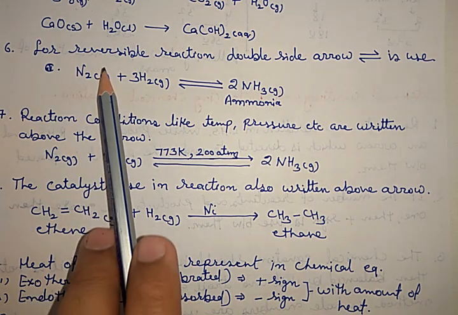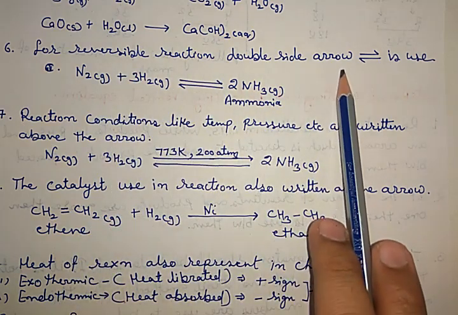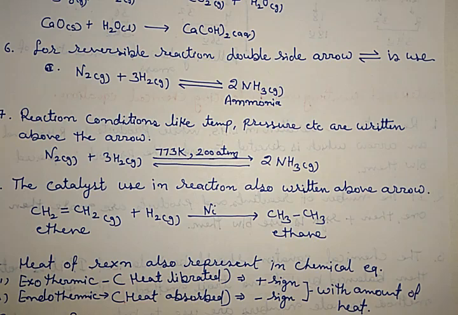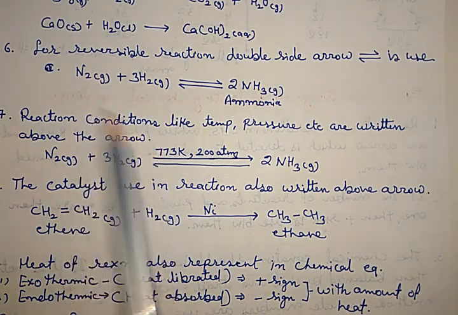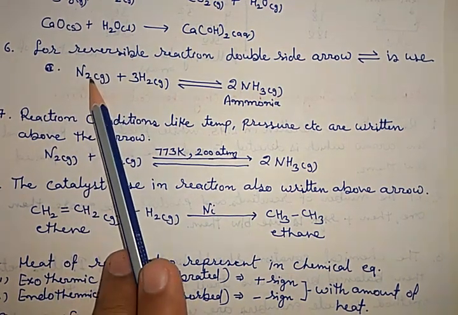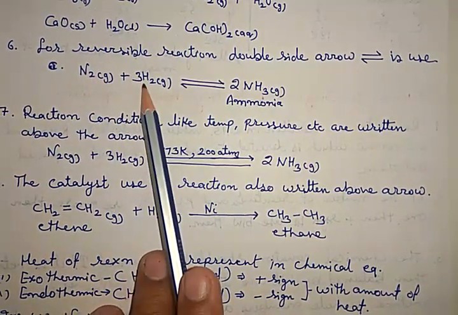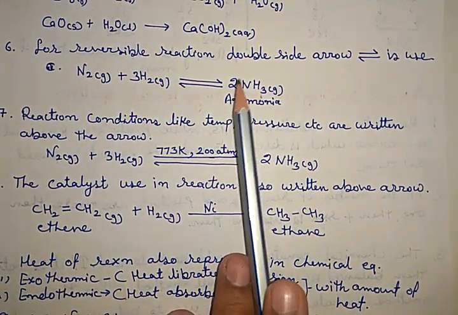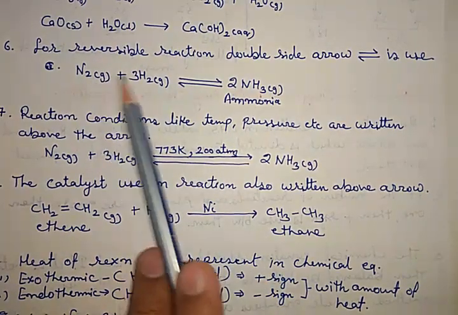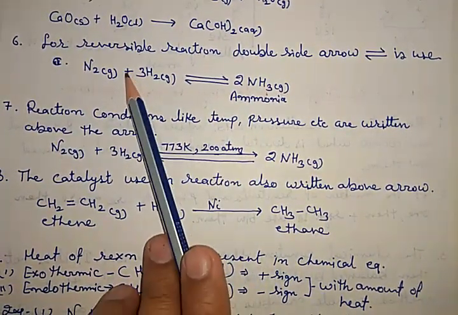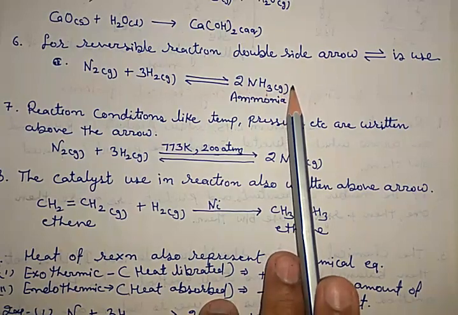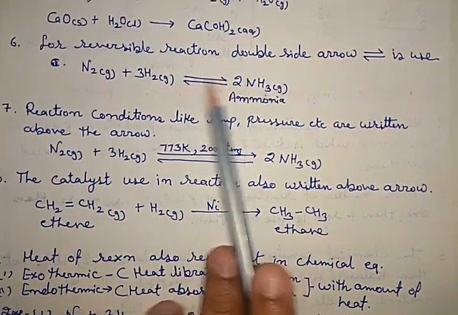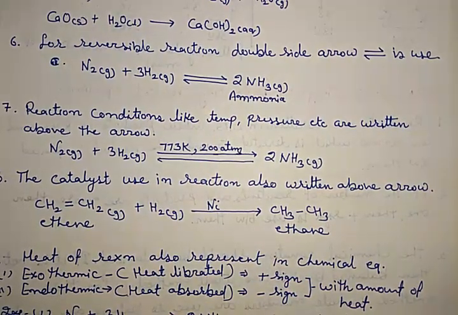So to represent a reversible reaction, a double-sided arrow is used. For example, in the Haber process of making ammonia, nitrogen gas combines with hydrogen gas and makes ammonia. This ammonia again breaks into nitrogen and hydrogen gas. So reactant converts into product and product converts into reactant again. That's why a double-sided arrow is used.